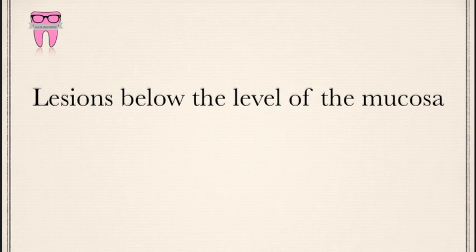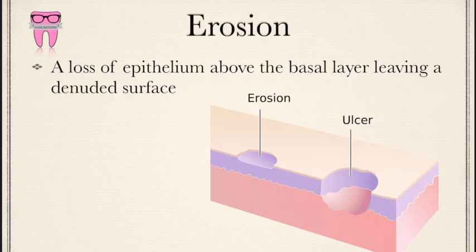So let's first deal with the lesions below the level of the mucosa. Under this category, first we are going to deal with the erosion. Erosion, by its definition, is a loss of epithelium above the basal layer. This is a basal layer or the basement membrane. This is our epithelium.